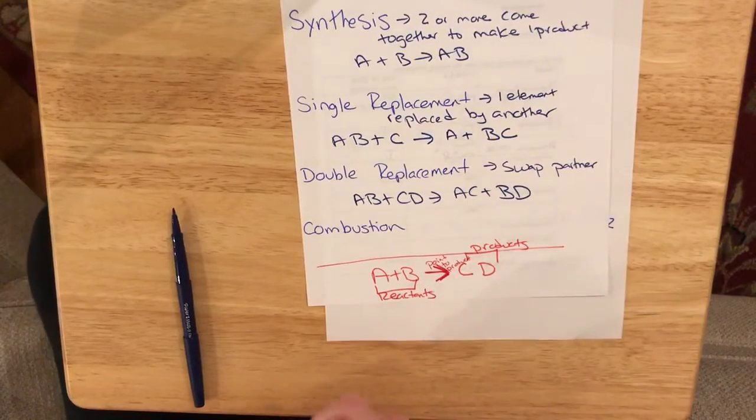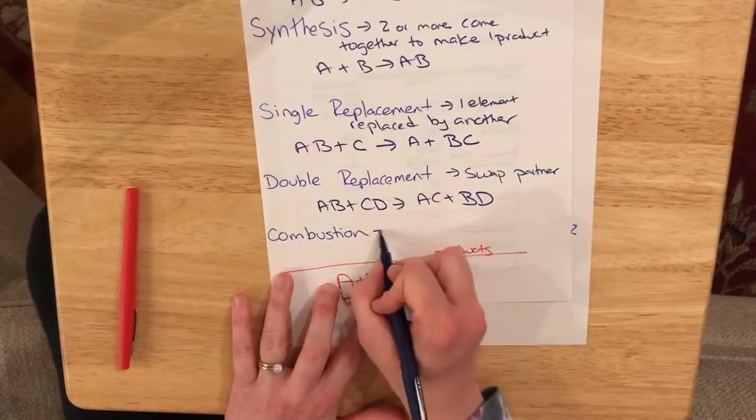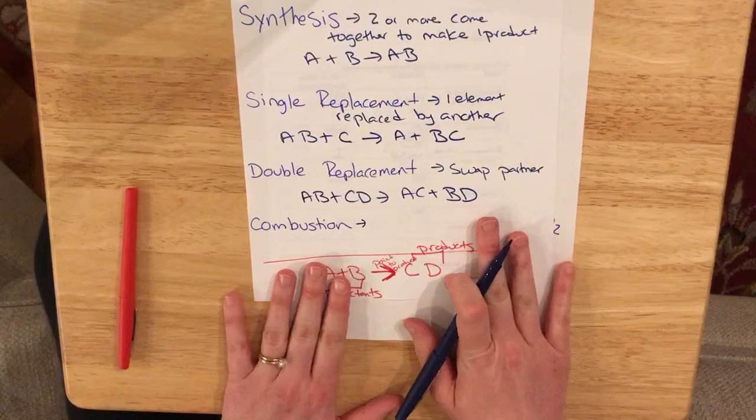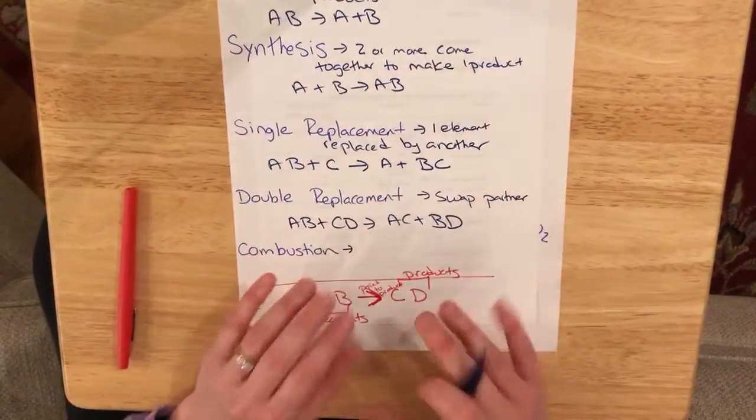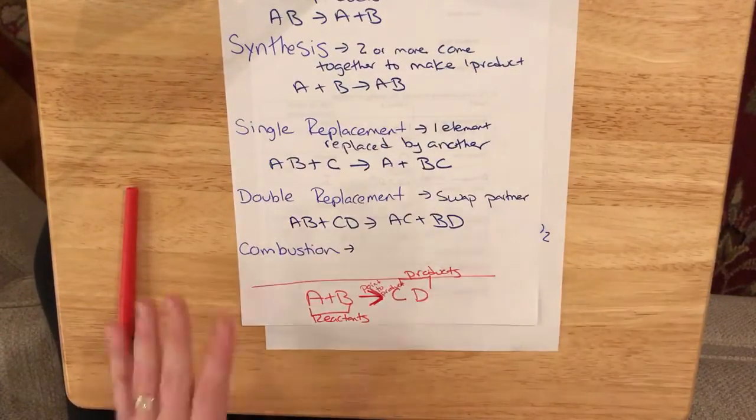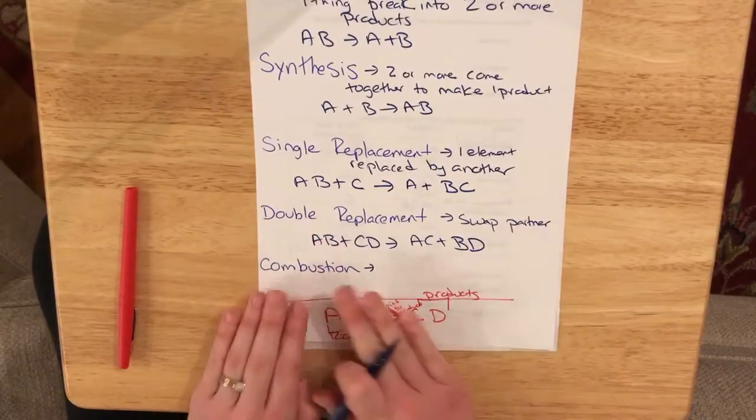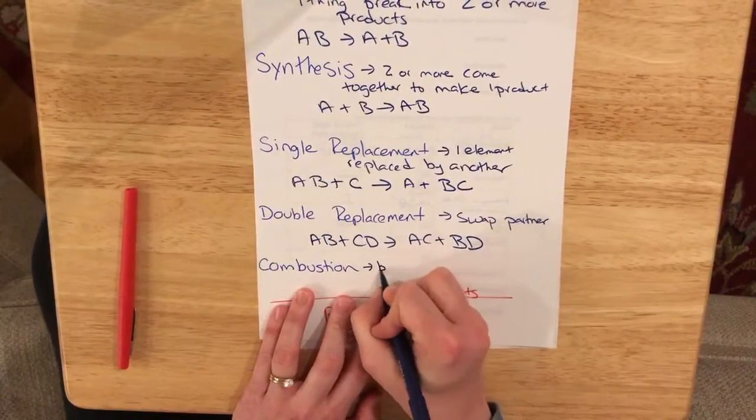Alright, so the last one I wanted to talk about was combustion. This is the one that didn't have one of those little funny things where we could talk about getting a new dance partner or somebody going home with somebody else. Combustion is basically where you're burning a hydrocarbon.